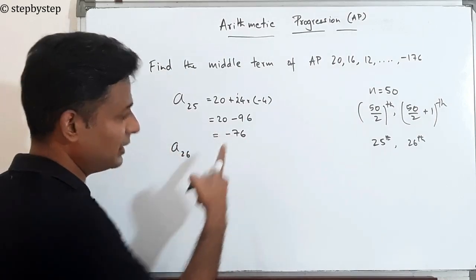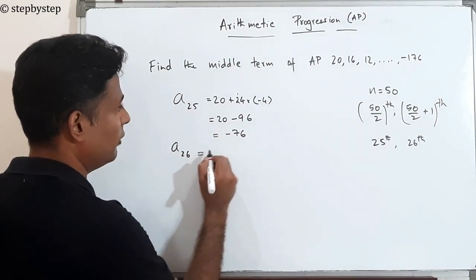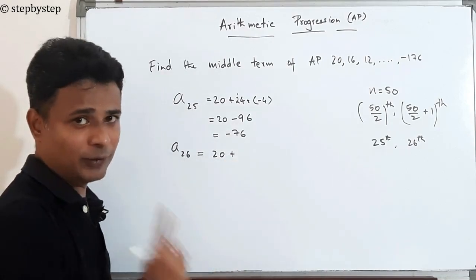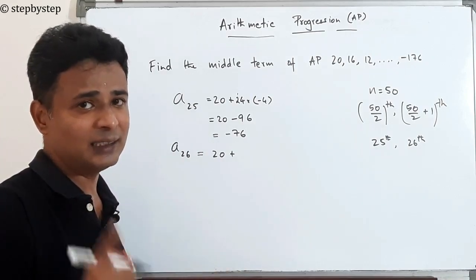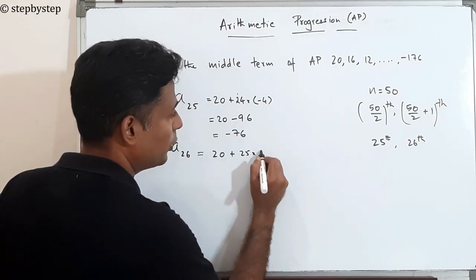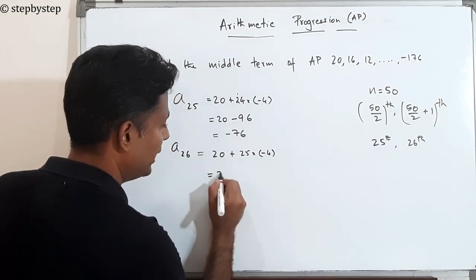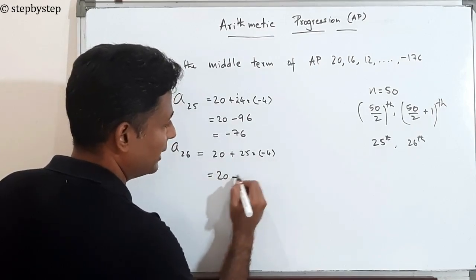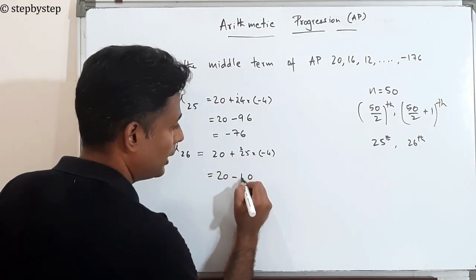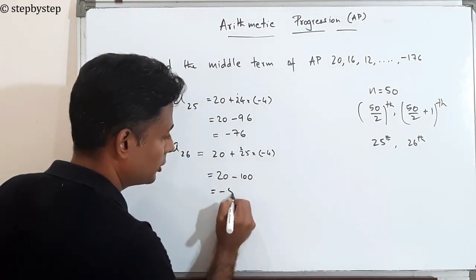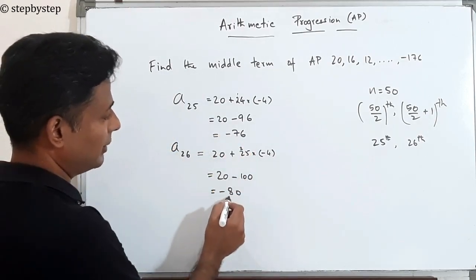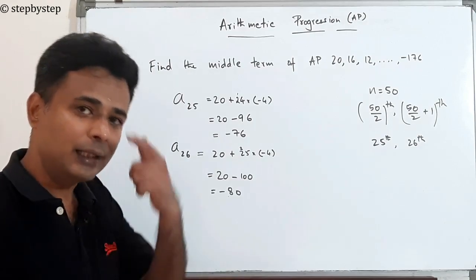So the 25th term is minus 76. The 26th term will be a plus n minus 1, n is 26, so 25 into d. So I get 20 minus 100, so minus 80. So which are the middle two terms? Minus 76 and minus 80.